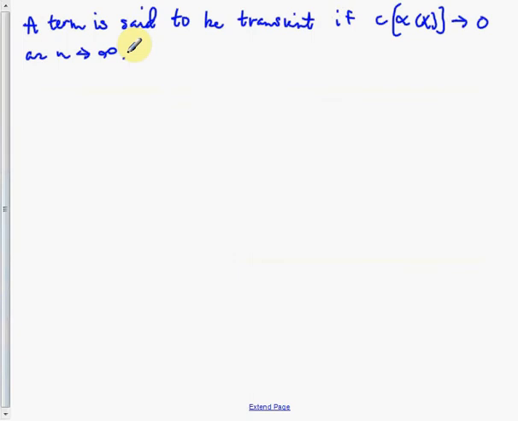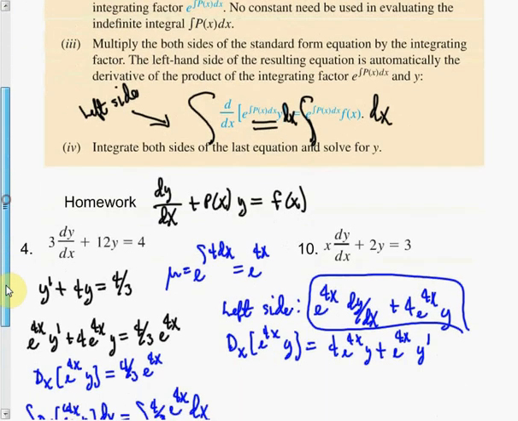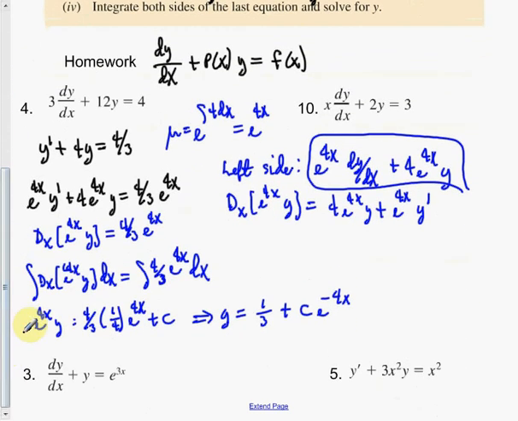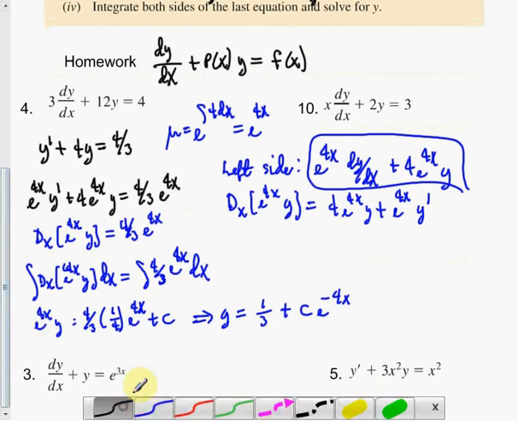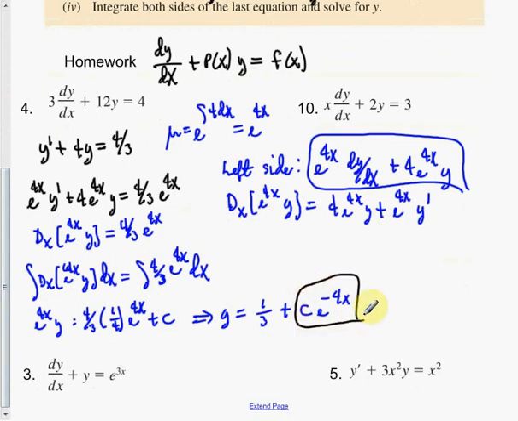So let's go back and look at that. For this problem, you see the transient term here. Sorry to go up, but notice that C times e to the negative 4x goes to 0 as x goes to infinity.